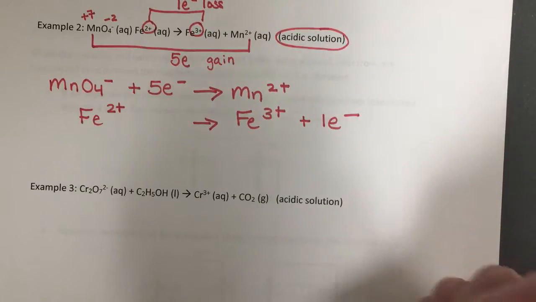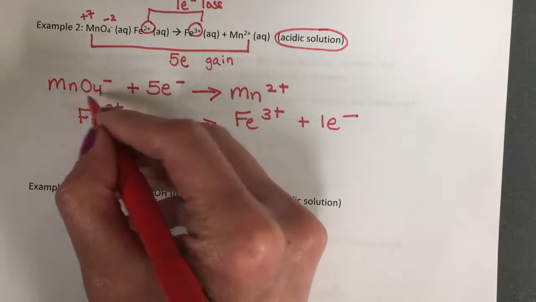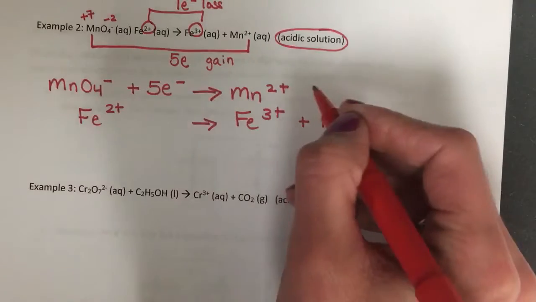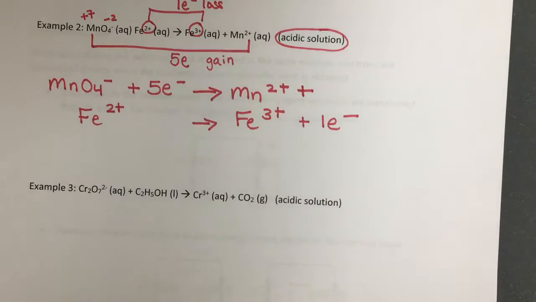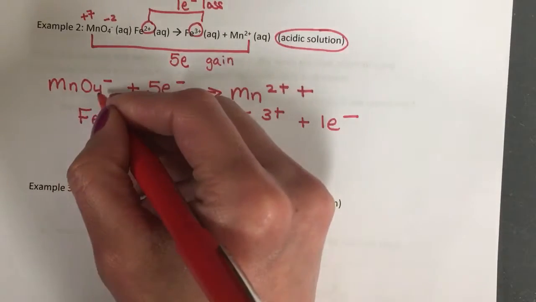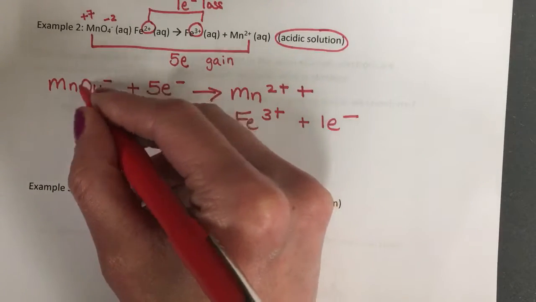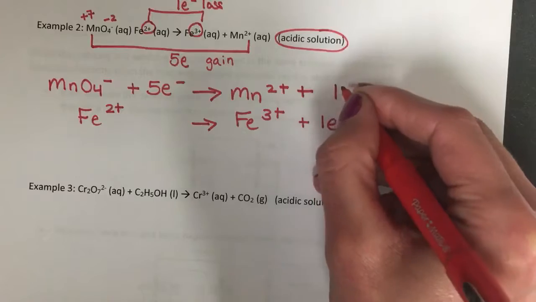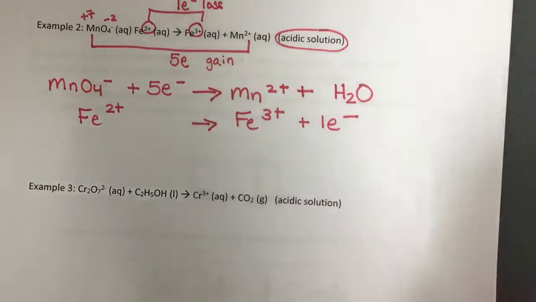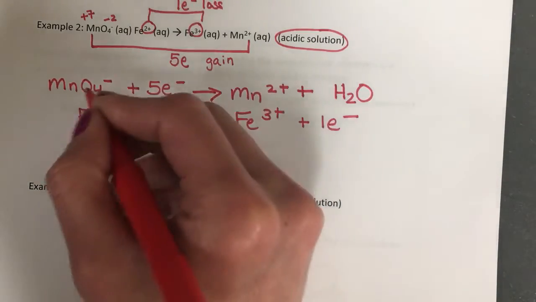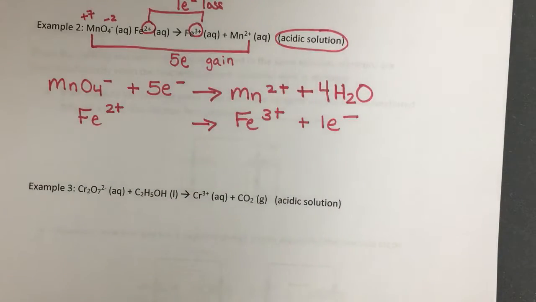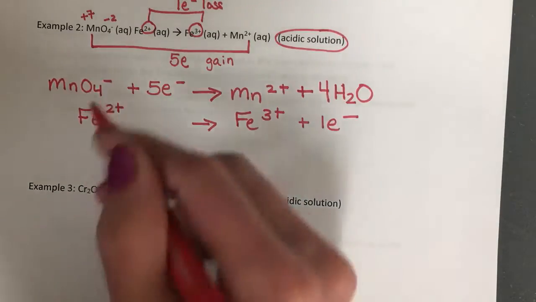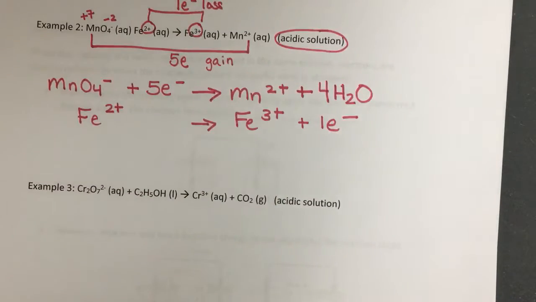Now I need to balance oxygens. I've got oxygens on this side, not on this side. So I need oxygens over here. I need 4 of them. I balance oxygens by adding H2O, and because I need 4 oxygens, I need 4 waters. Great. Now my oxygens are fixed.